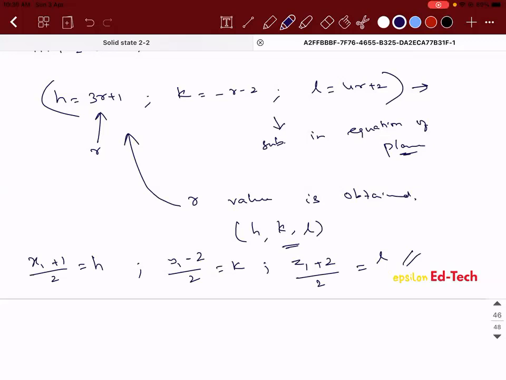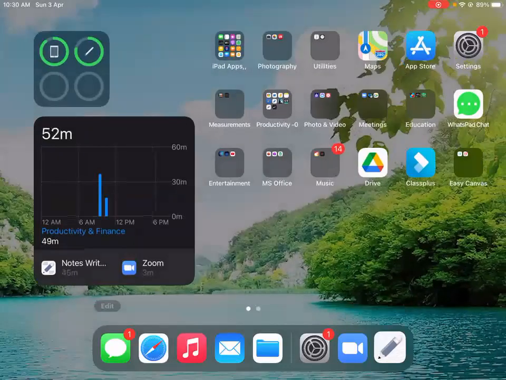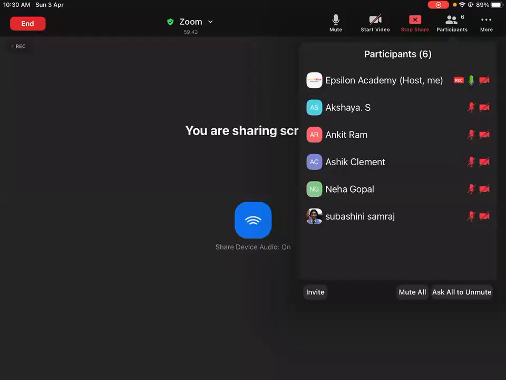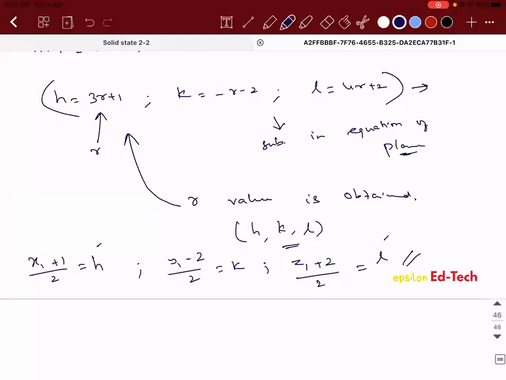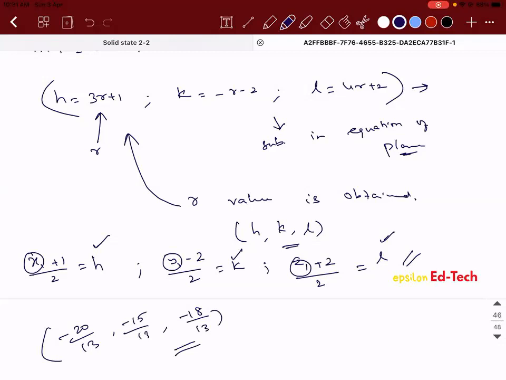Okay. So this is what you're supposed to do. Are you guys able to understand? Once you do this, you will get the values of x1, y1 and z1 because you already know the values of h, k and l. And the answer for this question is minus 20 by 13, minus 15 by 13 and minus 18 by 13. So this will be the required answer. Okay. So that's it.